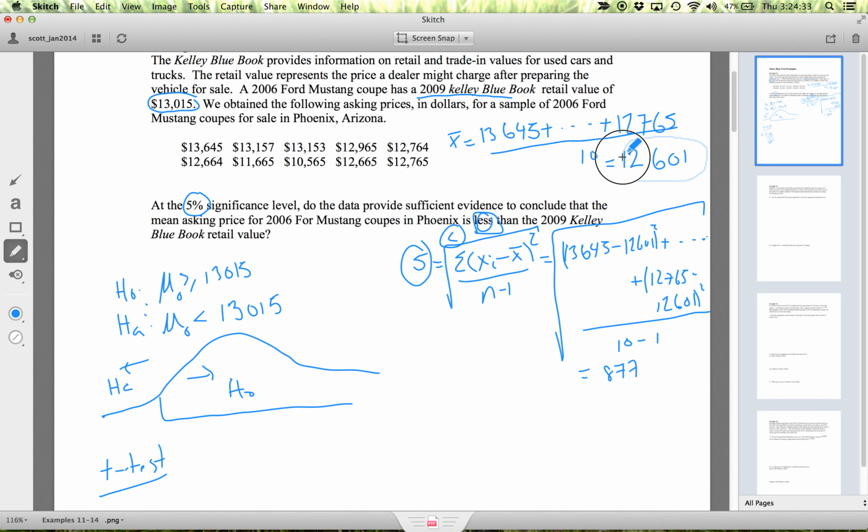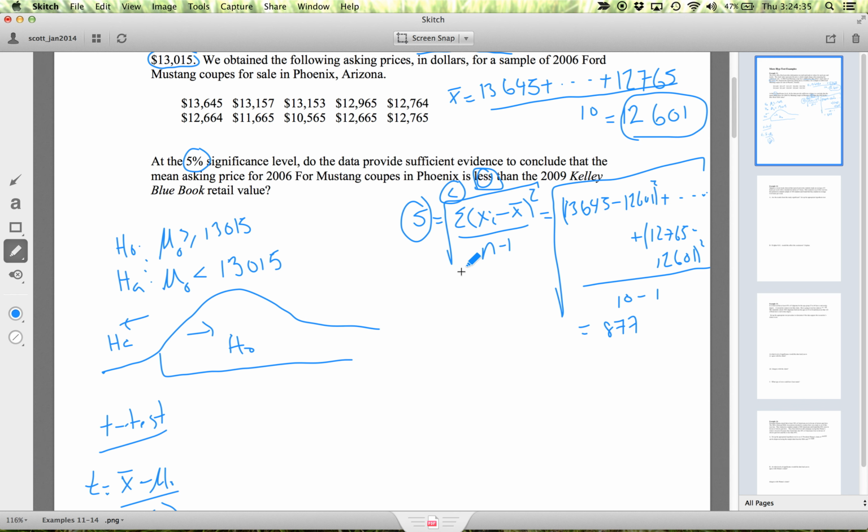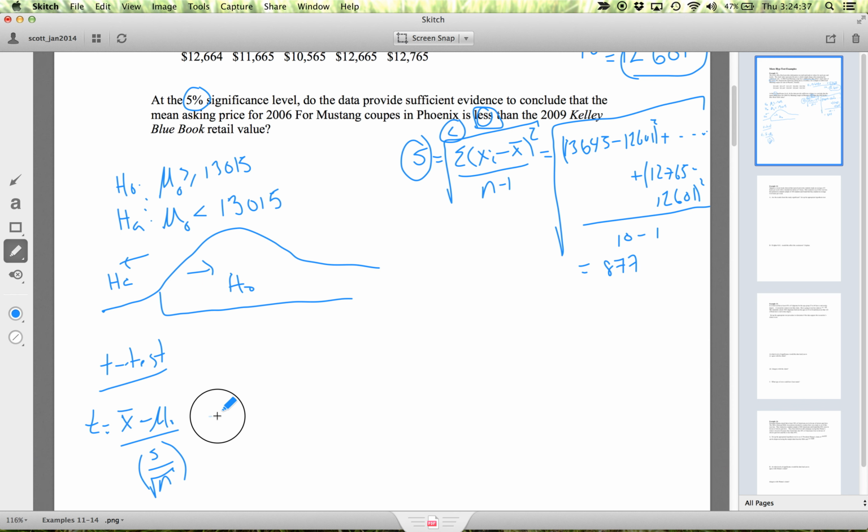When we took our sample's average, we found it to be 12,601. Subtract the hypothesized mean, which you'll find in the hypothesis, that's 13,015, divided by the sample standard deviation, which we found to be 877, divided by root 10.